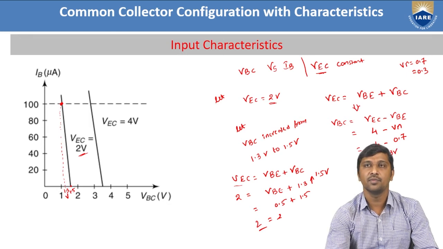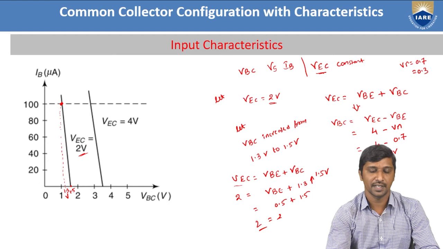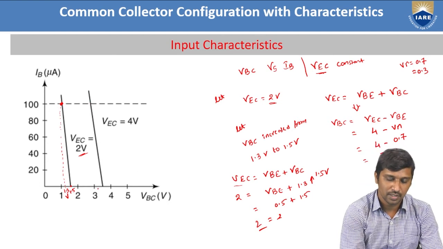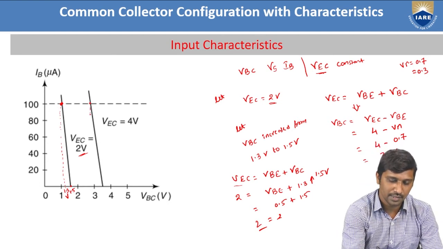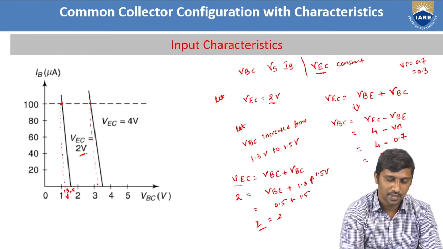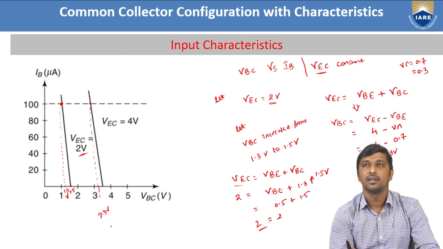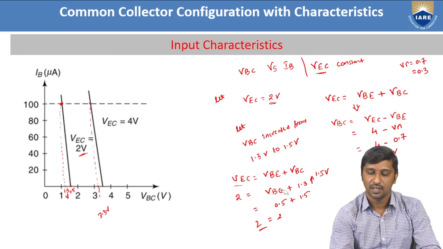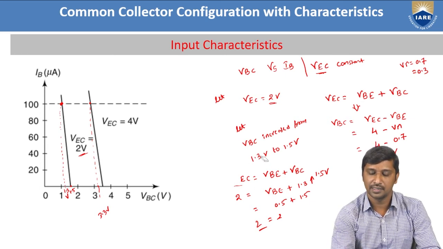At this 3.3 volts, it allows the maximum conduction. Hence, let us take this intersecting point here. I represented this 3.3 volts here. Now, we'll see what happens if this VBC changes from 3.3 volts to 3.5.